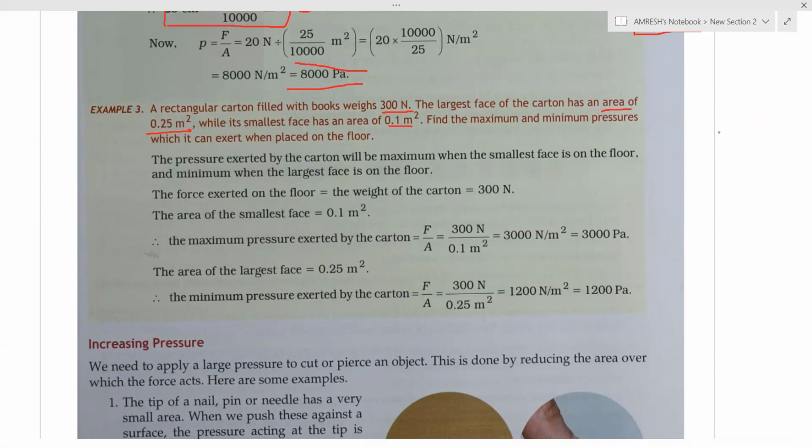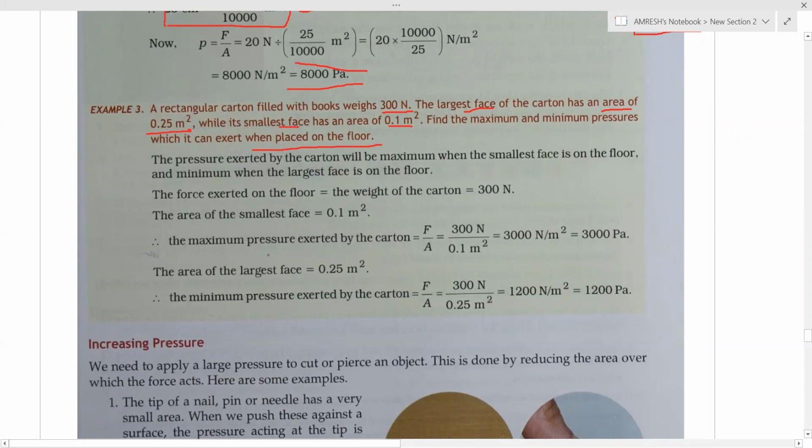So what is the question? Find the maximum and minimum pressure which it can exert when it is placed on the floor. For maximum pressure, what do you have to calculate? We have to take the area of the largest face, and for the minimum pressure, we have to take the area of the smallest face.